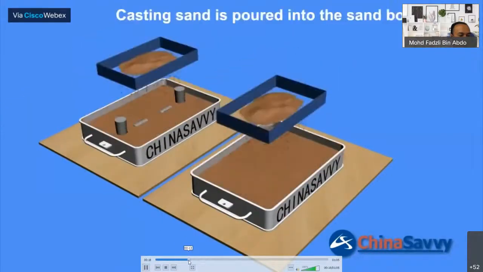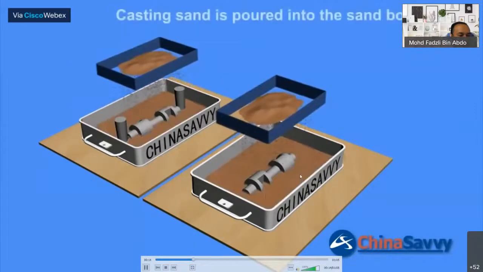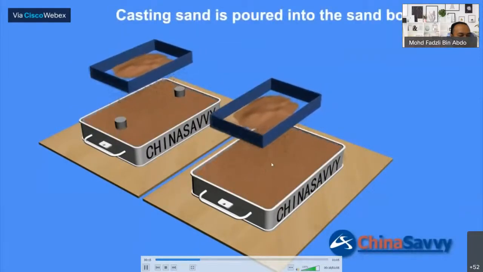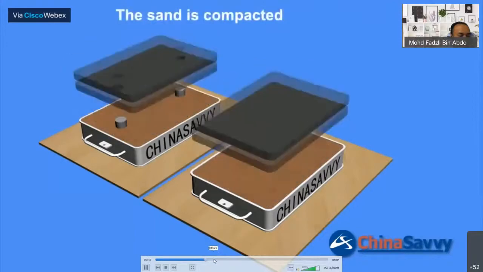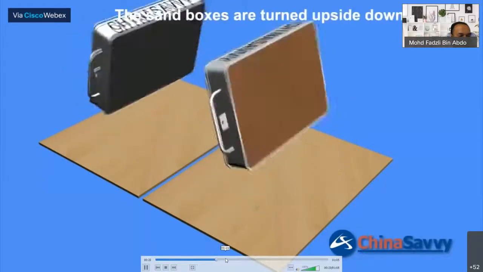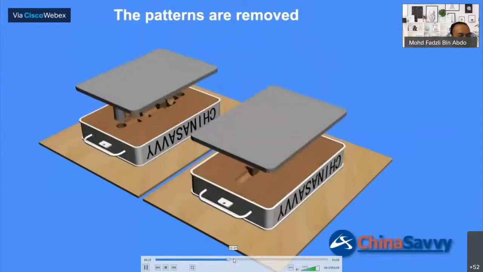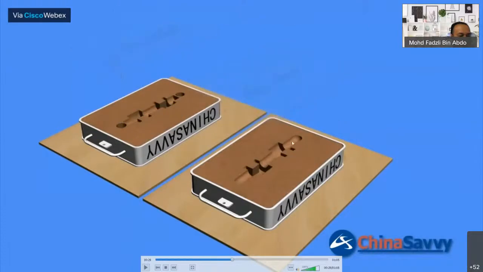Dia letak ni, and then dia letak ni. Itu adalah awak punya pattern. Bila dia mampatkan, and then dia buka, ini adalah you punya cavity tadi. Bila kita tuang molten metal nanti, inilah produk awak sebenarnya. So that pattern tu adalah untuk membuat cavity for the product, for the mold.